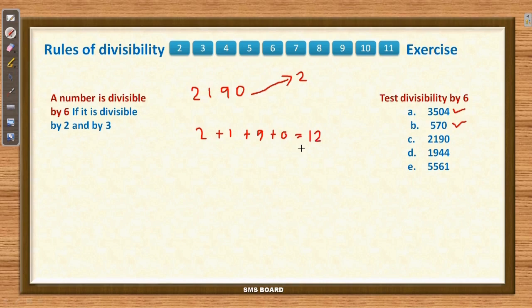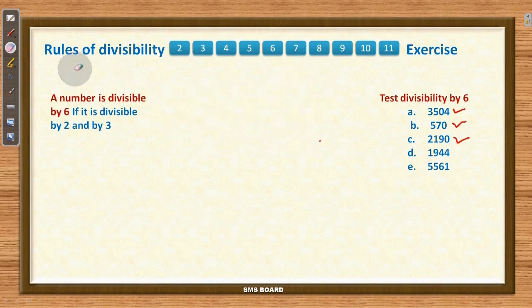So this number is also divisible by 3. So the given number 2190 is divisible by 3. According to the rule, a number is divisible by 6 if it is divisible by 2 and by 3. So this number is also divisible by 6.